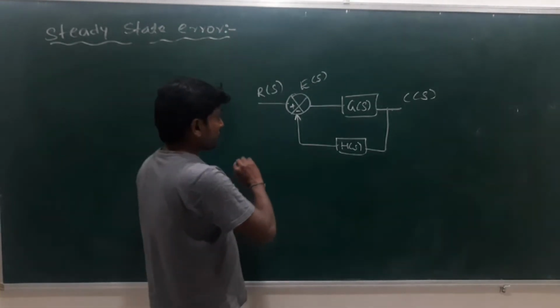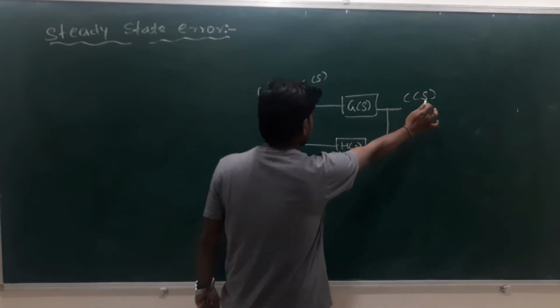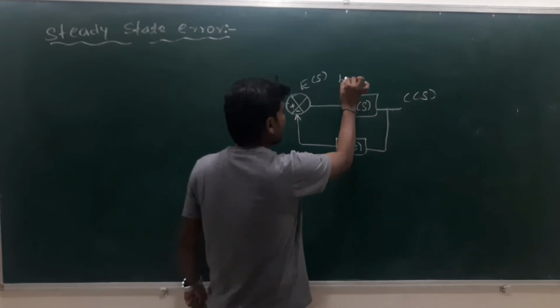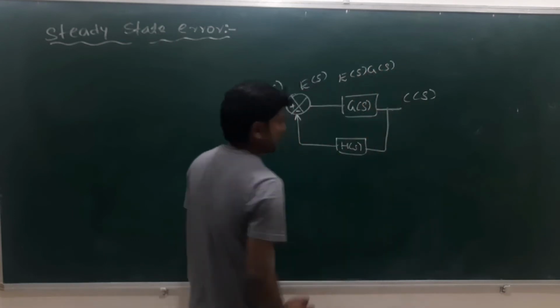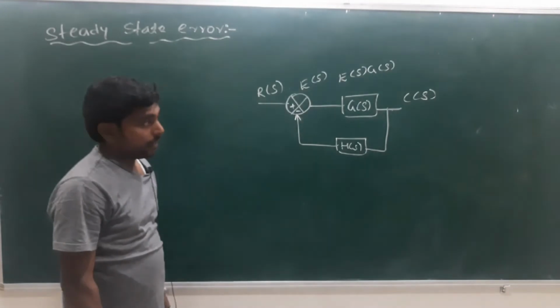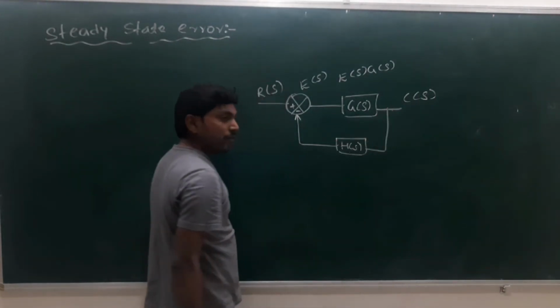By using this closed loop system, the response C(s) is nothing but E(s) into G(s). This is the forward gain. Next, C(s) into H(s) is the feedback path.